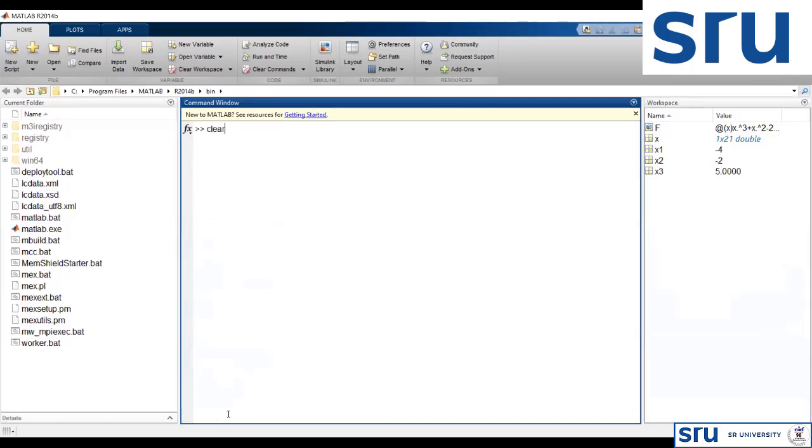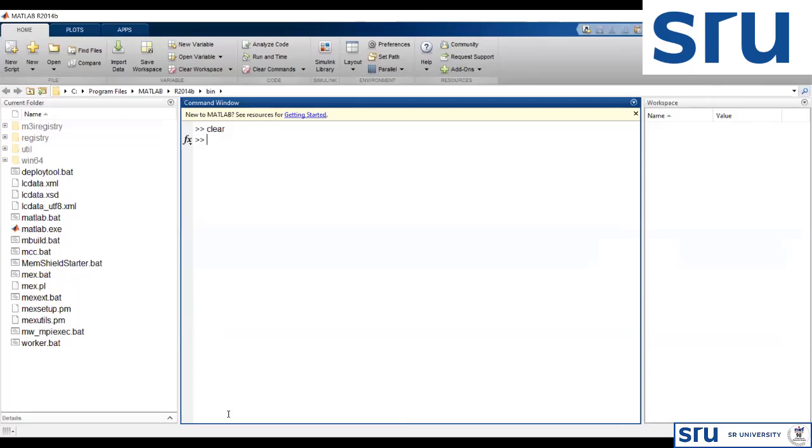Otherwise we can move to finding the minimum value of a function. Is there any doubt? No doubt. So now we will shift to finding the minimum value of a function. Already I have discussed this. What command do you have to use?